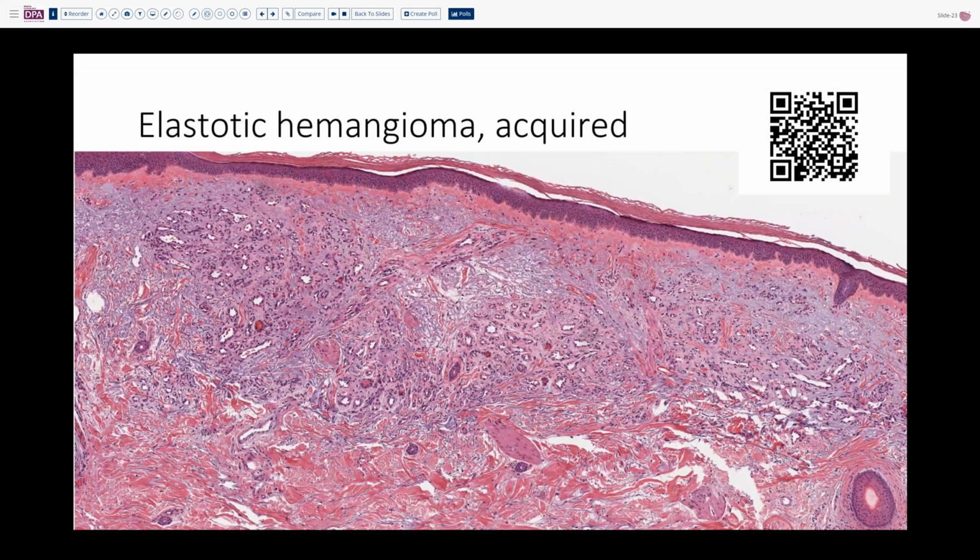Now, another kind of acquired lesion would be the elastotic hemangioma. And here we can see, again, these nice capillary spaces, vessels, but these are present amidst a very elastotic stroma. So not surprisingly, these are all very superficial type of lesions.